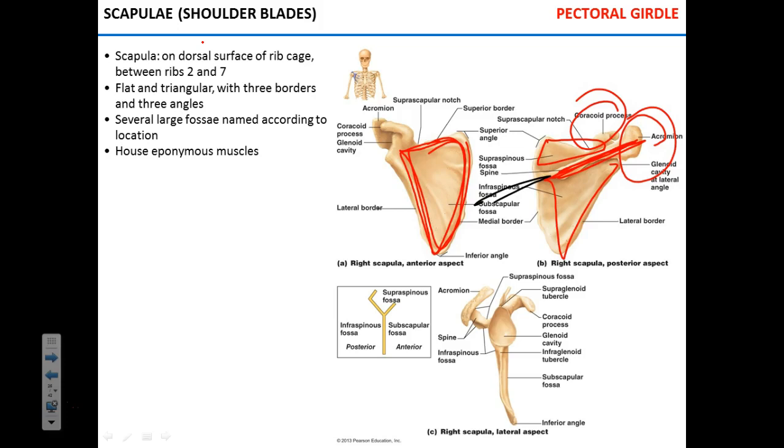Then the supraspinous and infraspinous fossae. That's the supraspinous fossa, and that is the infraspinous fossa. These fossae are associated with the supraspinatus and infraspinatus muscles. These three muscles, subscapularis, infraspinatus, and supraspinatus, are parts of the rotator cuff muscles. They stabilize the shoulder joint right here, also called the glenohumeral joint.